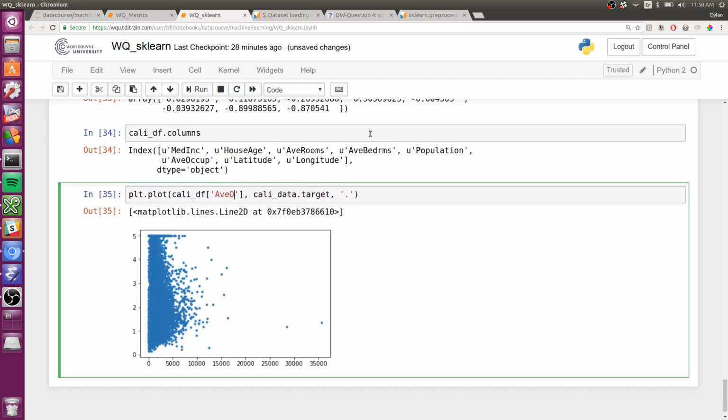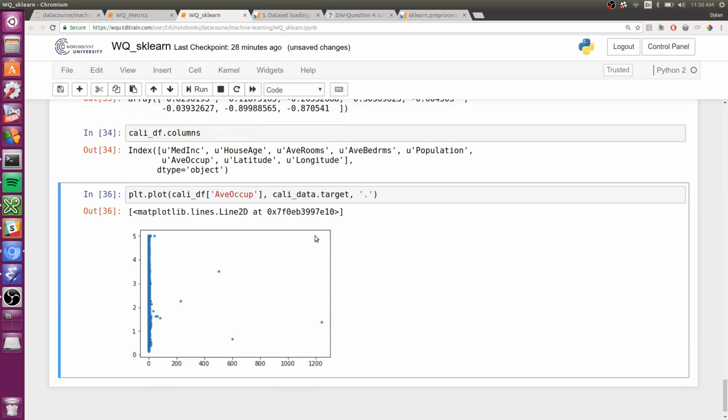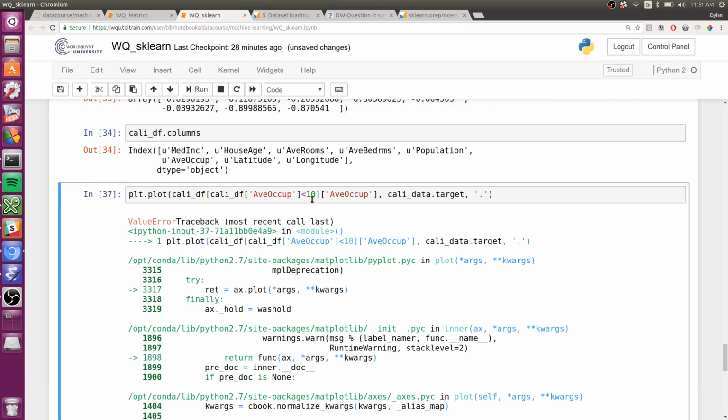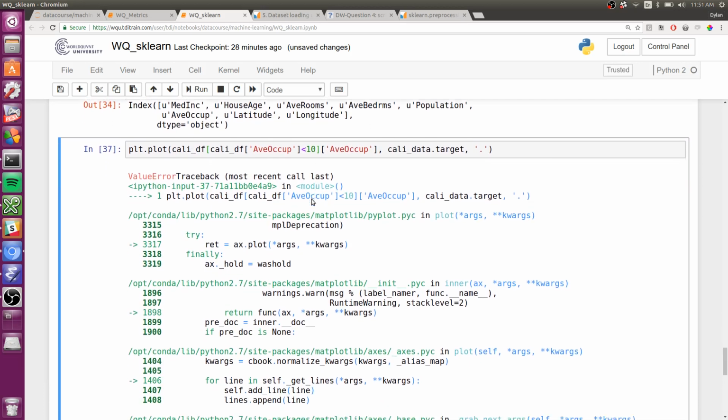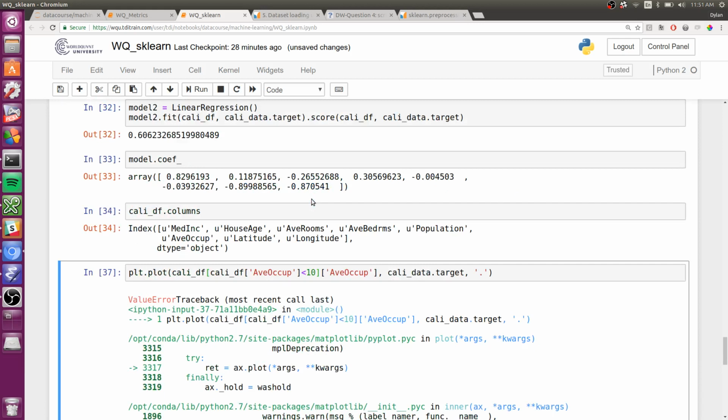Even more so with average occupation, which is a little easier to see as long as I do some filtering. So let's consider average occupancy less than 10. Why didn't this work? Must have the same dimension, of course.